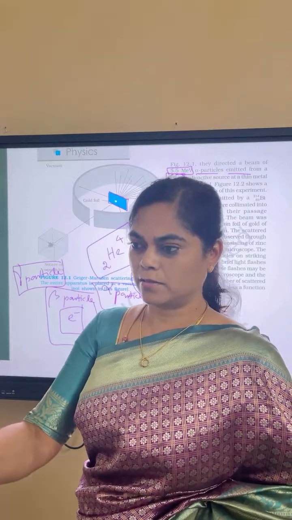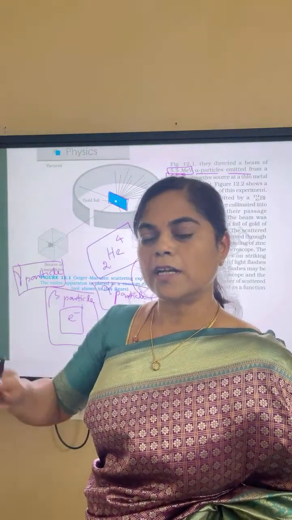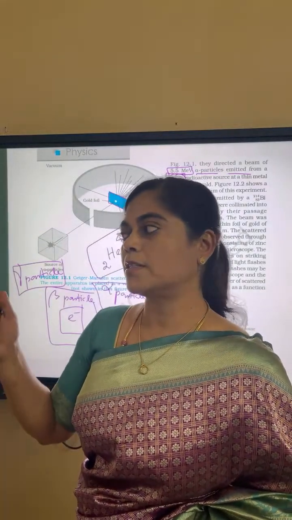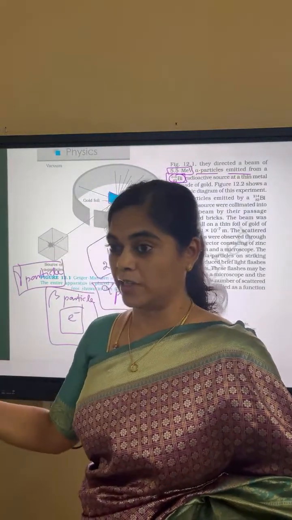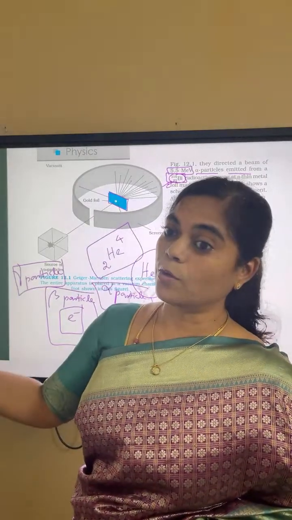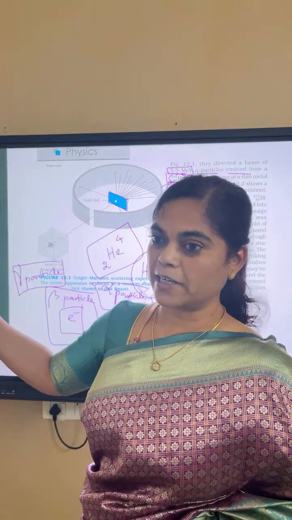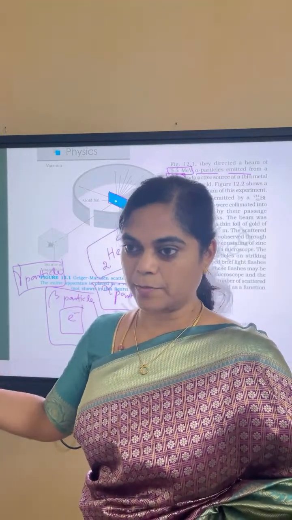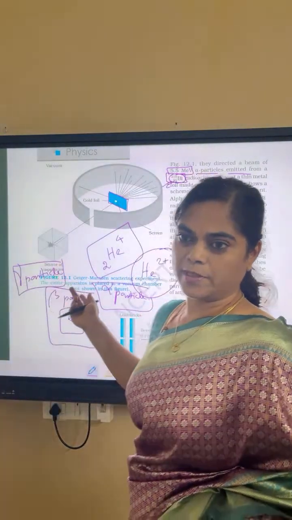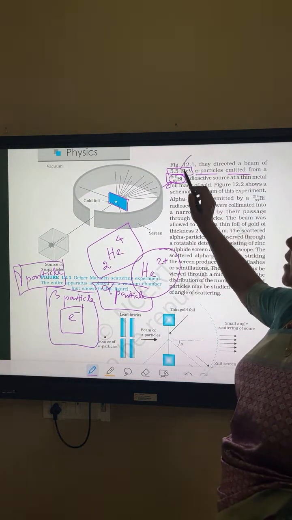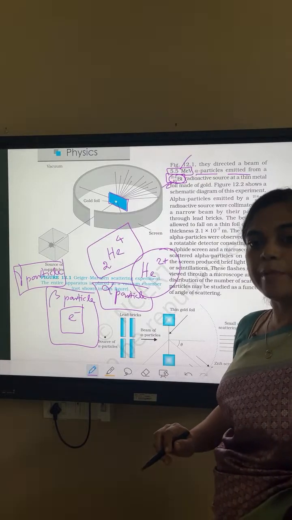So if 1 neutron is emitted from a nucleus, then that brings out that much energy. For example, if an alpha particle, that is He2+, is emitted from it, how much energy is there? 5.5 million electron volt.